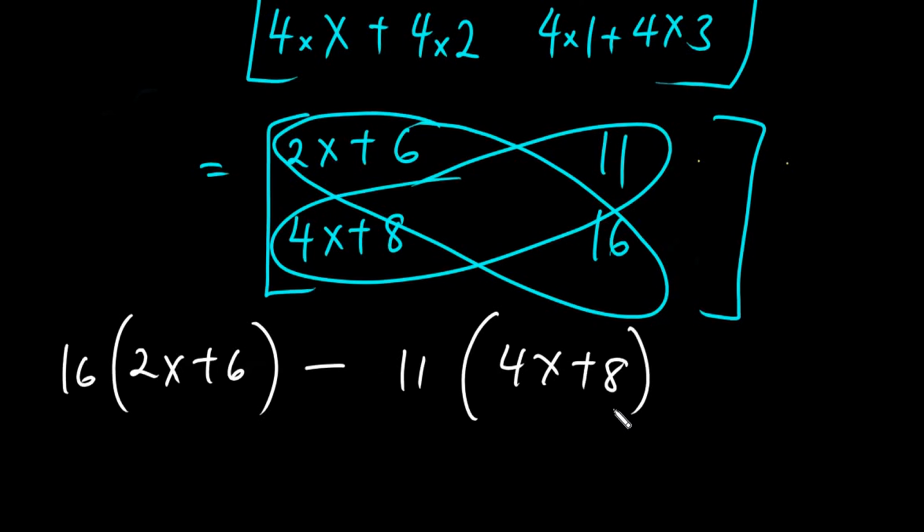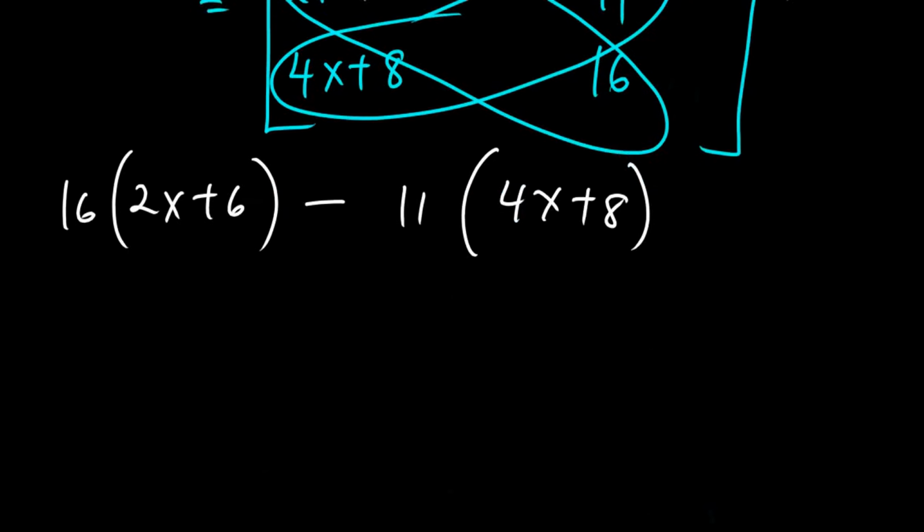Are we together up to that point? Good. So this is going to be 16 times 2x, which is 32x, plus 16 times 6, which is 96.